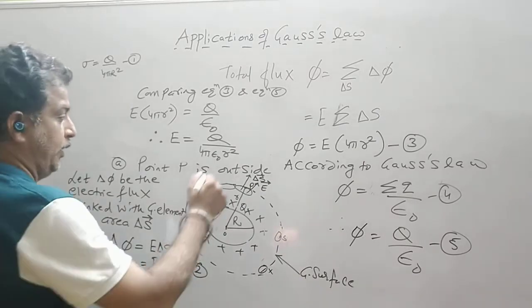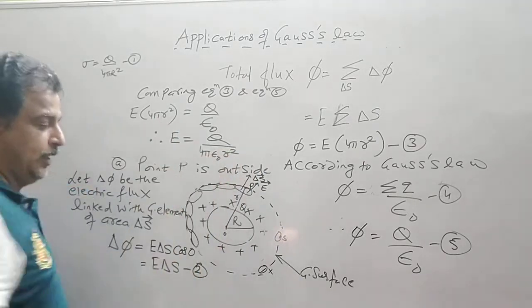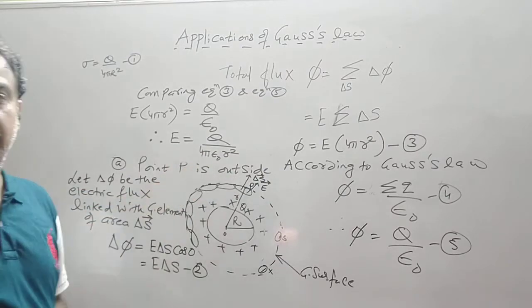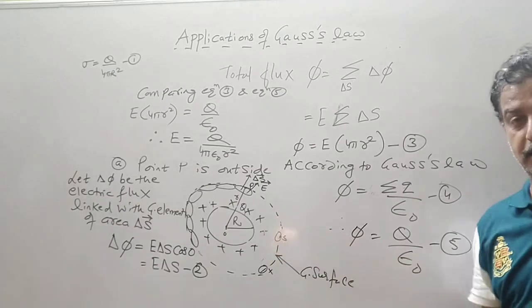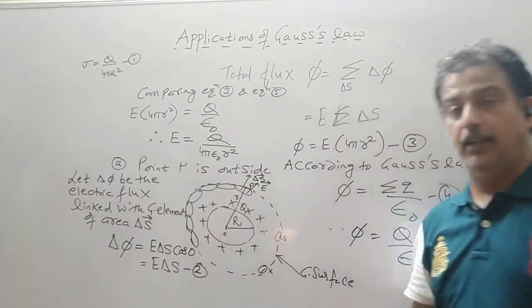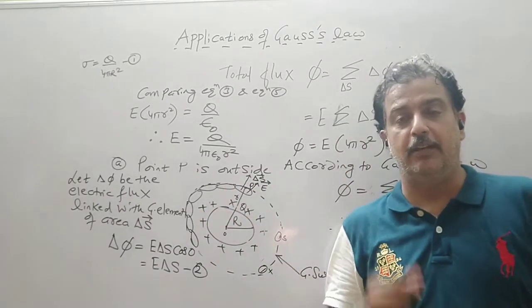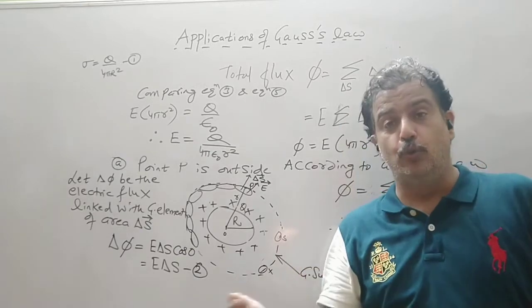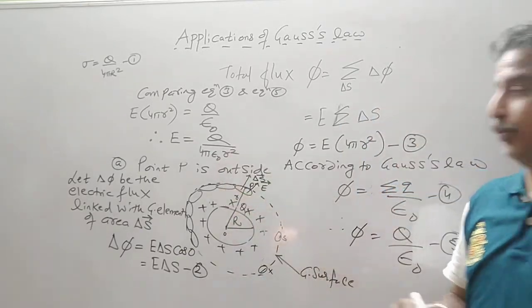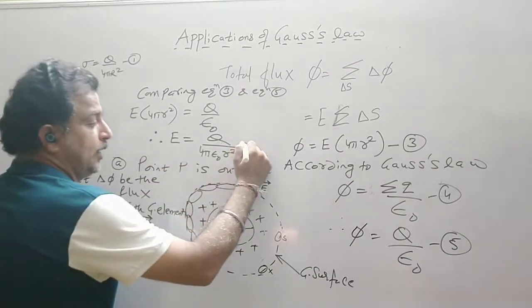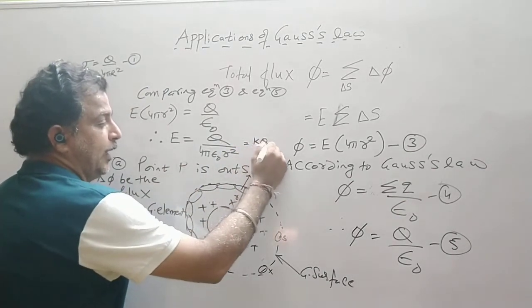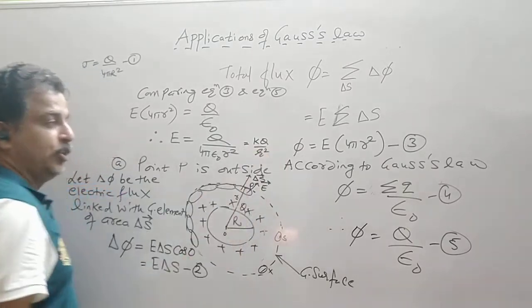Now if you remember, this is what we have for the electric field intensity if your source is a point charge. Here the source was a spherical shell. Even if we have a point charge Q, the formula comes out to be the same. So 1 upon 4 pi epsilon naught is K. So this can be written as KQ upon r square.